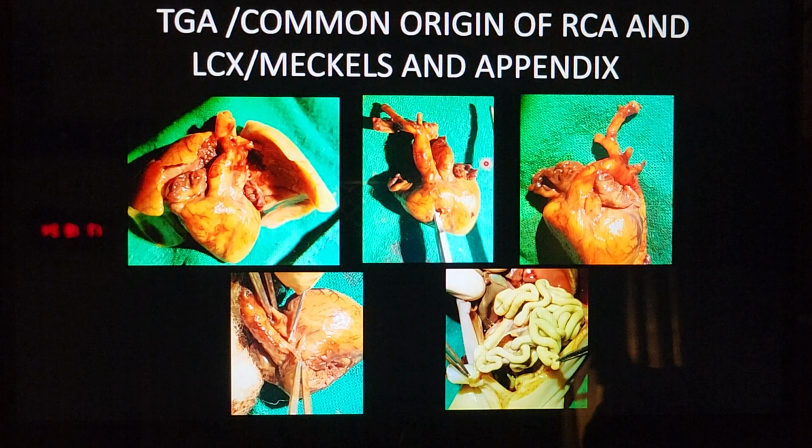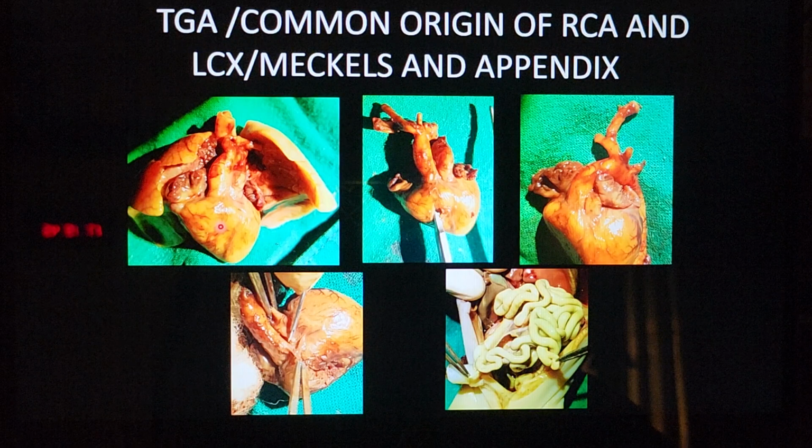That's the autopsy. You can see that this is the cardia. Normally the anterior vessel which is seen is the pulmonary artery, but here you can see that's the RV and that's the aorta. So what is the proof? You can see that's the RV, that's the aorta, which goes into the arch, gives rise to the great vessels and turns down as descending aorta.